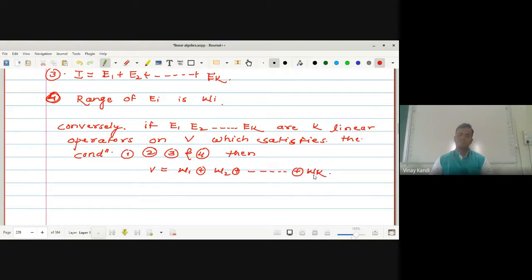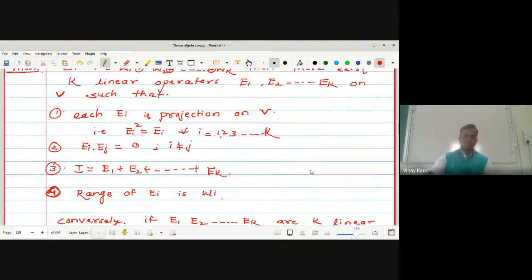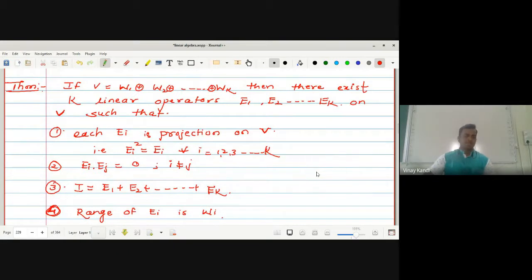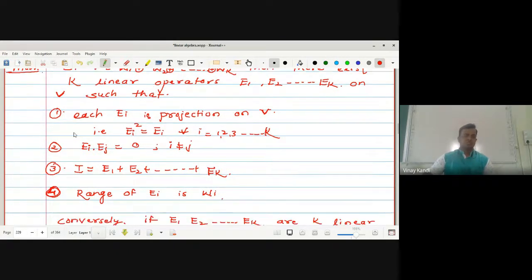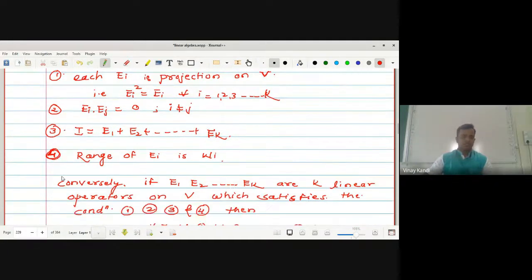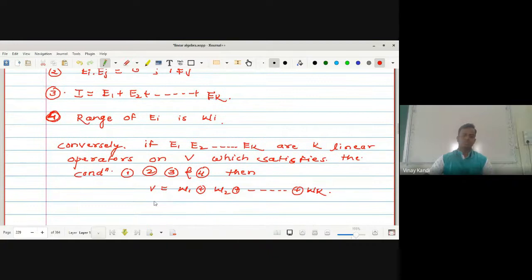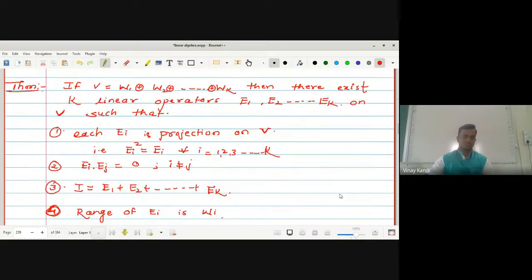Okay, if and only if statement is there. In the first part we will assume V is the direct sum of all these subspaces, and we are going to prove these four statements. And in the converse part, assuming the four statements are correct, we have to prove that V is the direct sum of these. Okay, this is the statement. Any doubt?